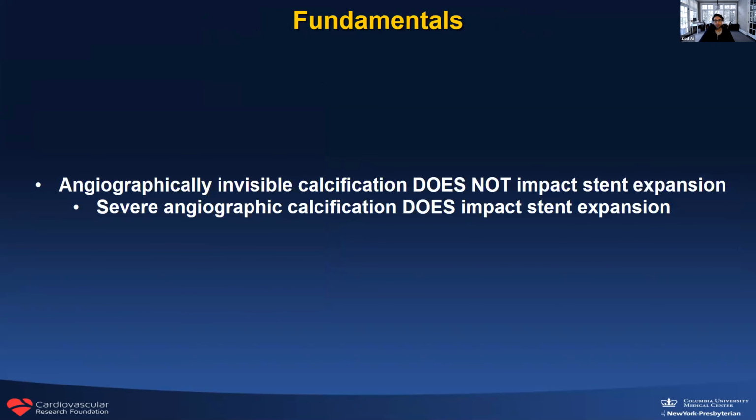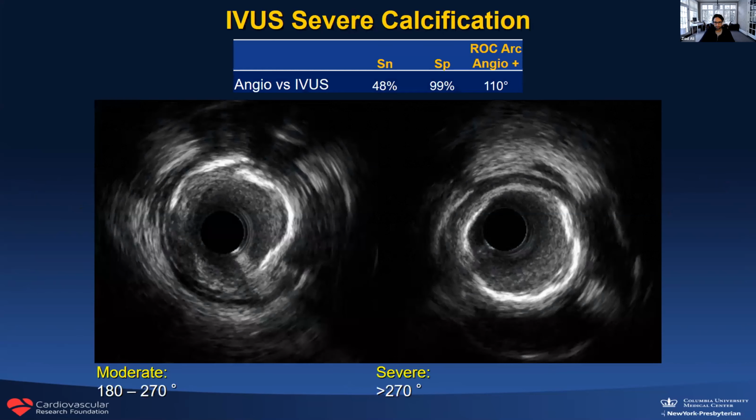So fundamentally, angiographically invisible calcification does not impact stent expansion. Severe angiographic calcification does impact stent expansion. Where moderate to severe fits in remains to be determined.